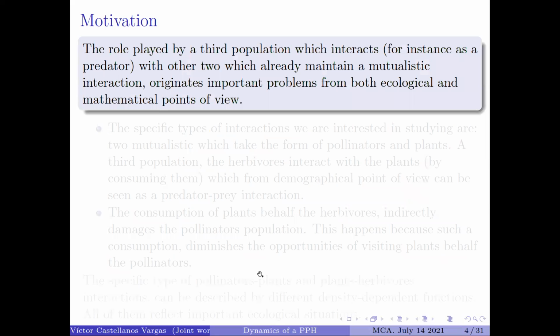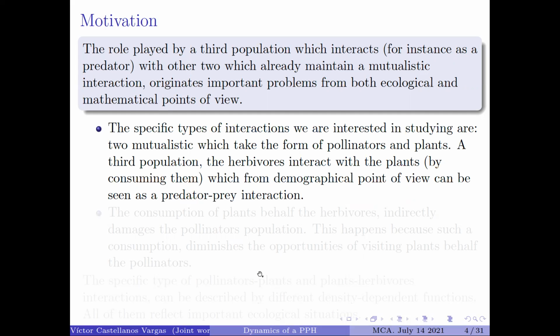The role played by a third population which interacts, for instance, as a predator, with the other two which already maintain a mutualistic interaction, originates important problems from both an ecological and mathematical point of view. The specific types of interaction we are interested in studying are mutualistic, which take the form of pollinator and plants.